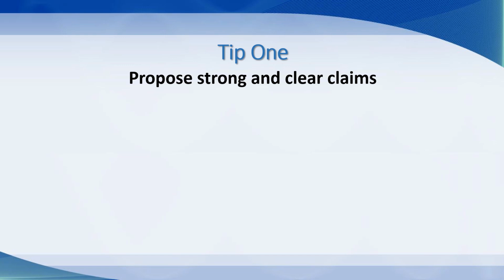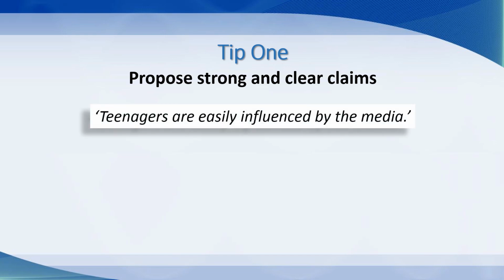The first tip is to make strong and clear claims. Let's give it a try. Let's say you are the proposing team for this motion. Teenagers are easily influenced by the media. Which of these claims would you say is clearer and stronger?